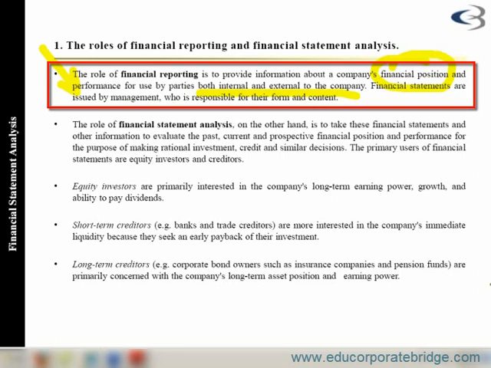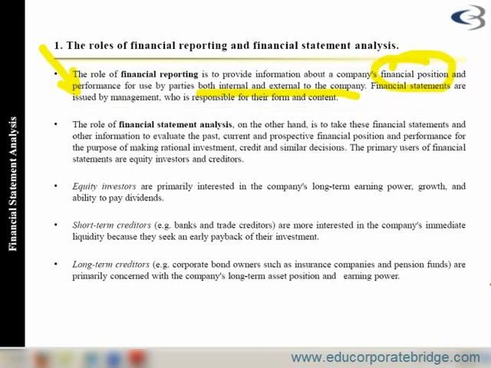An employee should have a look at the financials to know how the company at which he's working is performing. So financial reporting can be for both internal and external uses, and financial statements are issued by management, who is responsible for their form and content. So the financial statement is entirely the responsibility of the management of the company.